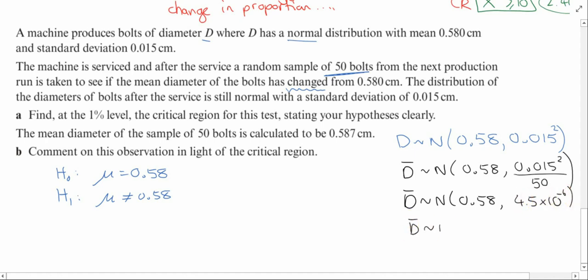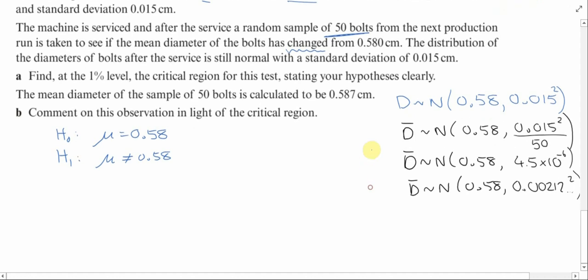I would personally now square root that, just so it's in the form that we want. So it's 0.00212, and that goes on. And that's fine. I'm going to use that exact number. I'll store it if I need to.